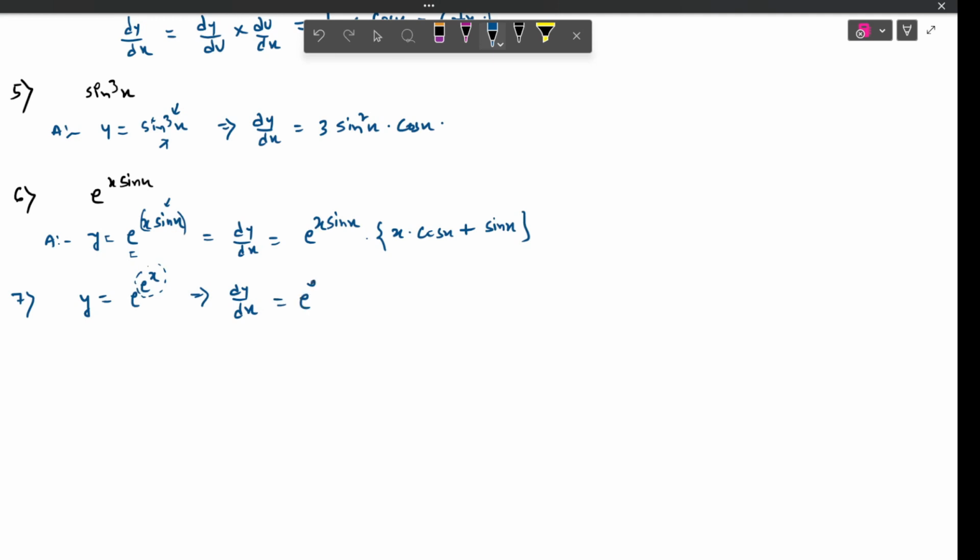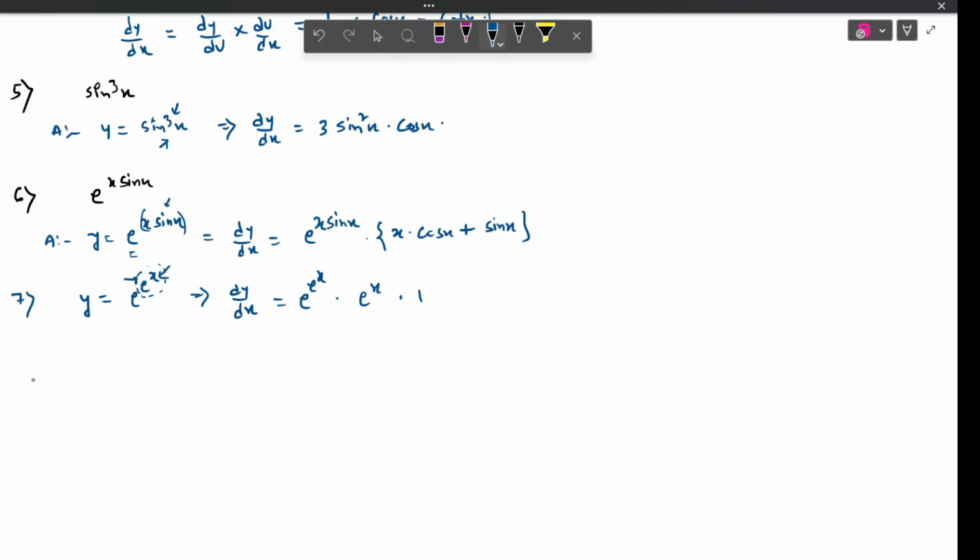It would be e to the power x. Now we have to move into this e to the power x. What will be the differentiation of e to the power x? Sorry, it would be e to the power x. And what is the differentiation of x? It is 1. So this is your answer.